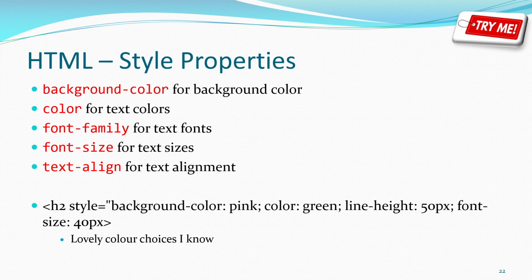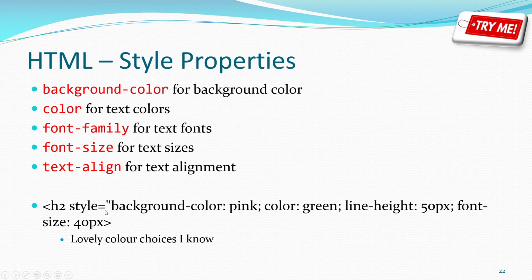So here we want to set up background colors, text font colors, change the font size, and the alignment of the font. We can do that as an example for our H2 header.